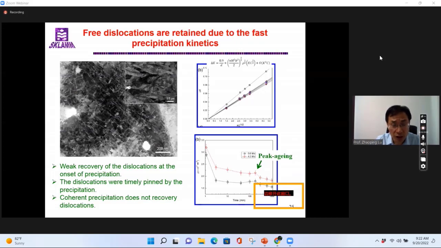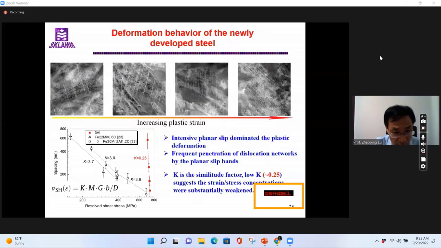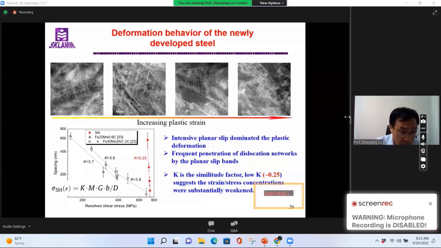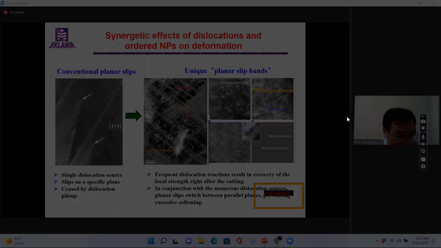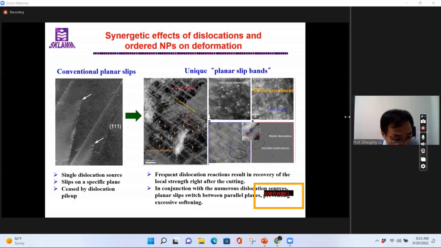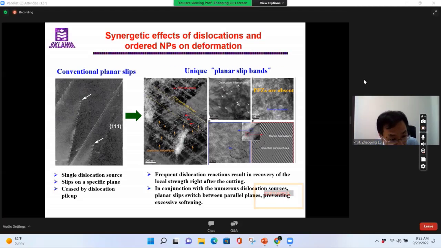Then during the deformation, as seen here, on the left shows the conventional planar slip. You see there's a single dislocation source, the slip on a specific crystallographic plane, and stopped by a dislocation pile-up. That's conventional planar slip.